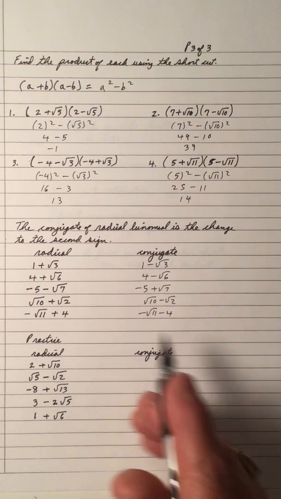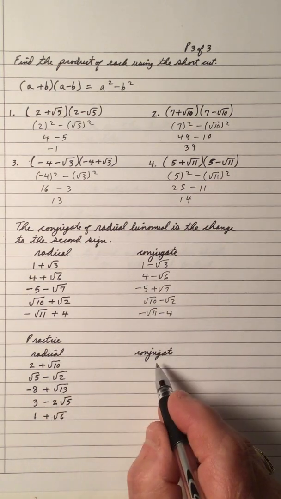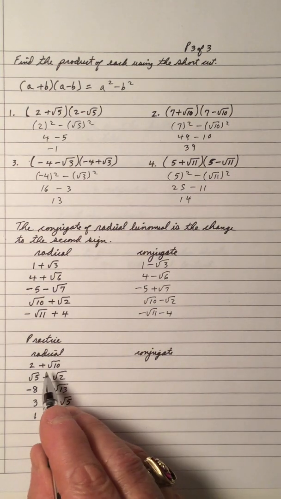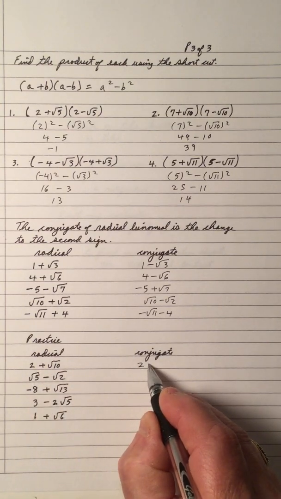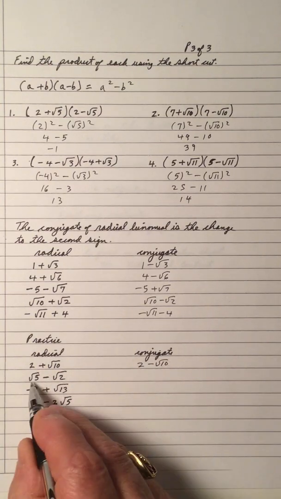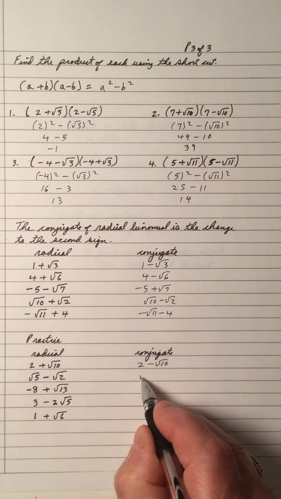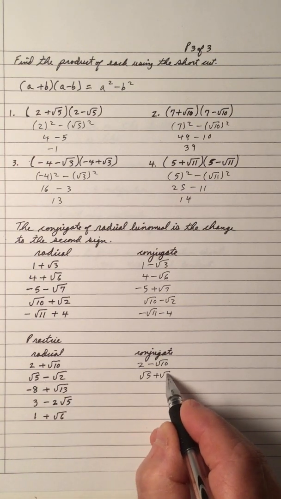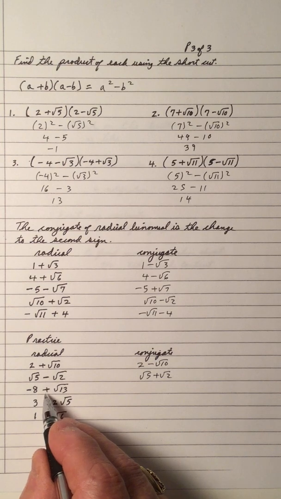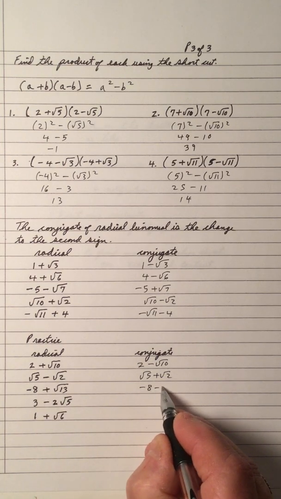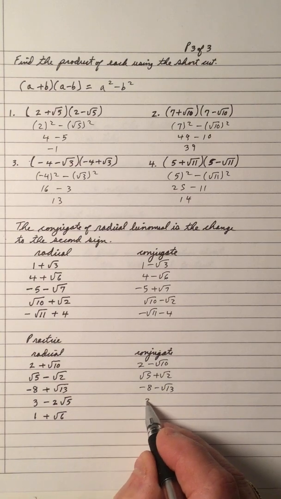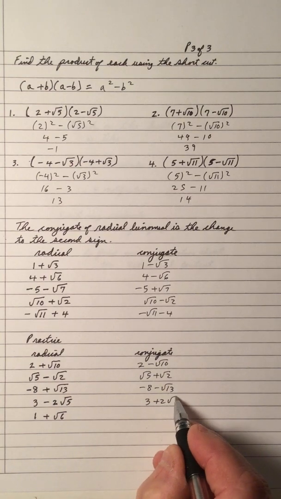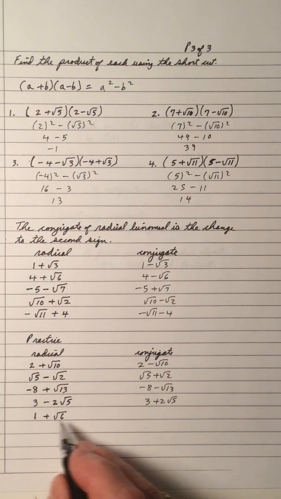Practice means pause your video and work out the answer. So see if you can do the conjugate of each of these. Change the second sign. So it's 2 minus root 10. Root 5 plus root 2. Negative 8 minus root 13. 3 plus 2 root 5. 1 minus root 6.